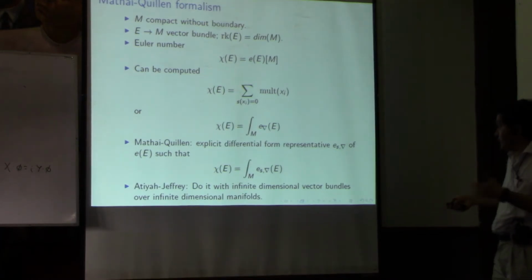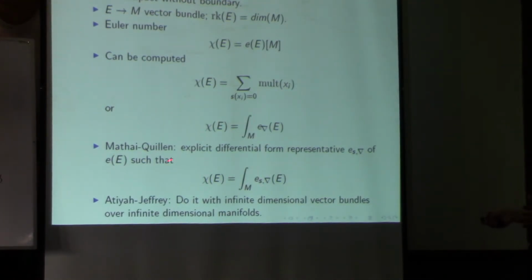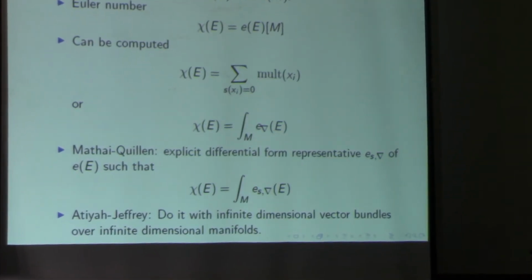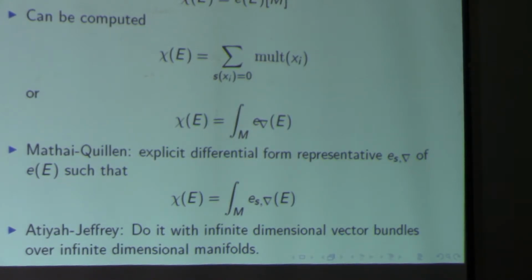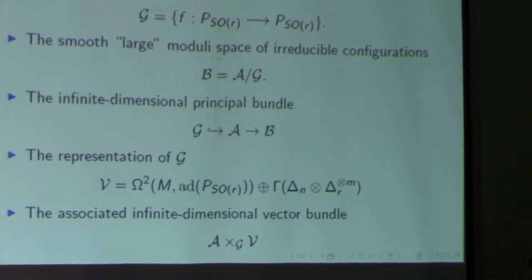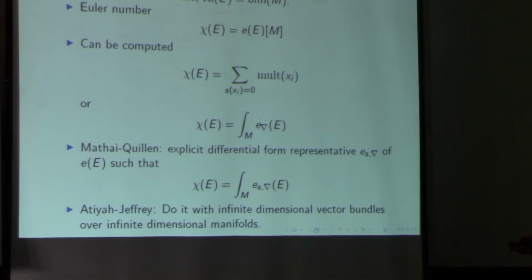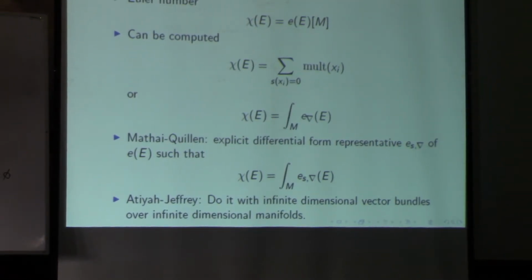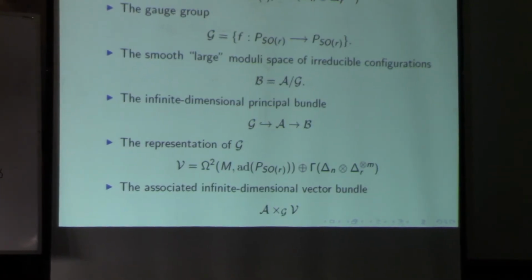And that is the rigorous formula that Atiyah and Jeffrey took to infinite dimensions, and is what is called the Mathai-Quillen formalism. Why? Because the integrals involved are not well defined, and there are all sorts of problems in infinite dimensions, besides defining cohomology classes. Okay? So that is the Mathai-Quillen formalism, and then the Atiyah-Jeffrey, Mathai-Quillen formalism.